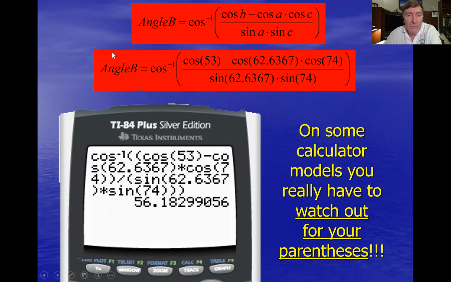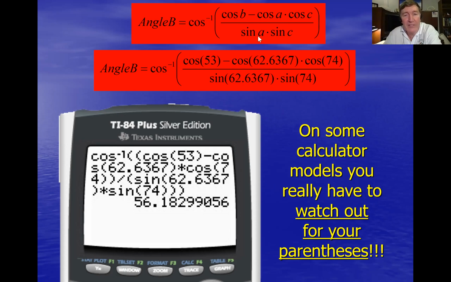Remember, we've got little b, little a, little c. On the nautical triangle we had previously, little b is one side of the triangle, little c is the other side, and little a is the side we didn't know before. That's our fictitious distance, the number we just calculated.